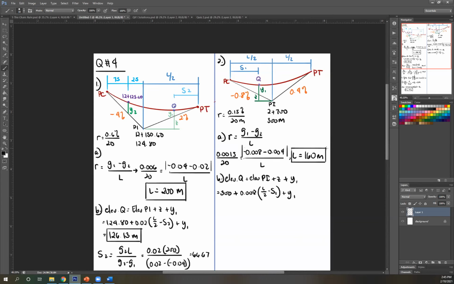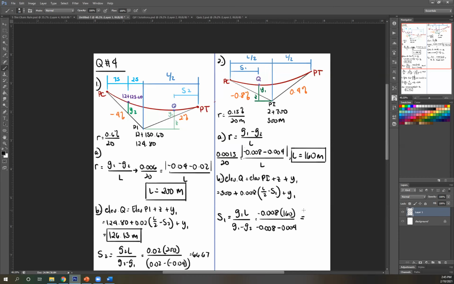Okay, so our problem now is solving for S1. So S1 is equal to, remember the equation, it's G1 L over G1 minus G2. G1, negative 0.008 times L, which is 160, all over negative 0.008 minus G2, 0.00.